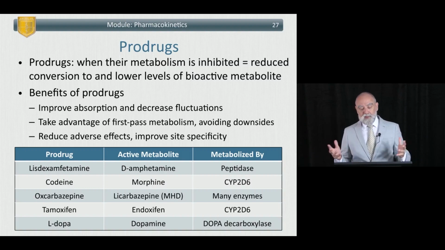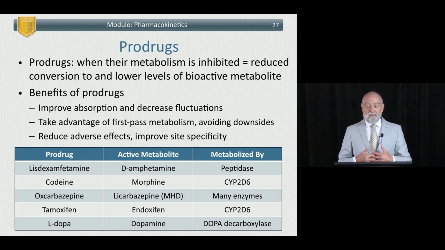Very quickly, as I've already alluded to, prodrugs. This is when the parent drug is not biologically active, but its metabolite is. Thus, when you inhibit metabolism of the prodrug, you actually reduce its levels of its bioactive metabolite.